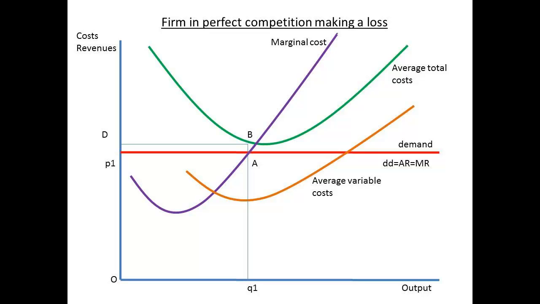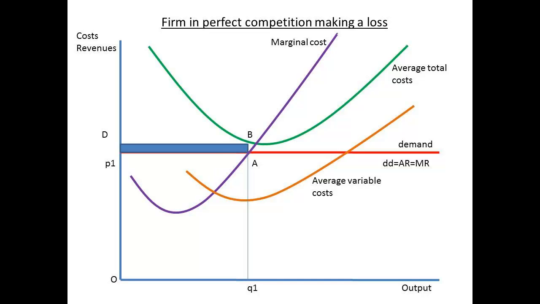The average total costs, ATC, are above average revenue, AR. The firm is not covering its opportunity costs. The intersection of the MR and MC curves is below the average total costs. This intersection shows the loss minimizing output at Q1.